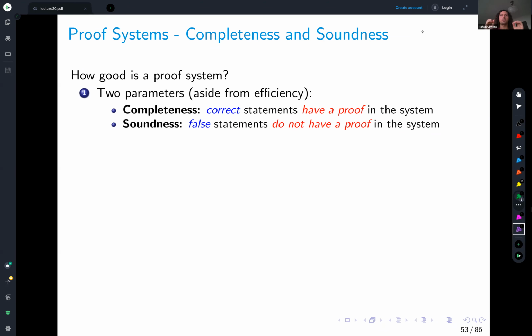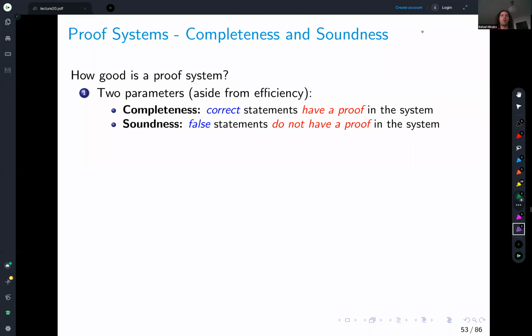So if a statement is correct, we must be able to find a proof in the system. And why is this good? Because if we have a complete proof system, then we can verify any claim that we would like in this system. So this makes sure that the system is very useful. But now the problem is, the system has to also be sound.